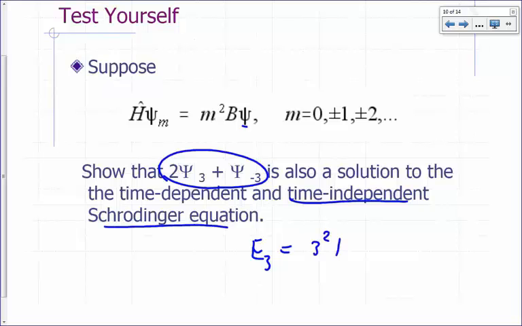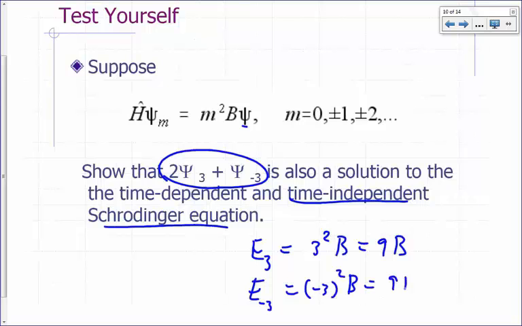That's 3 squared b, which is 9b. What is E for psi negative 3? It's still negative 3 squared b, so that's 9b. So psi 3 and psi negative 3 are degenerate states. A linear combination of degenerate stationary states is also a stationary state.